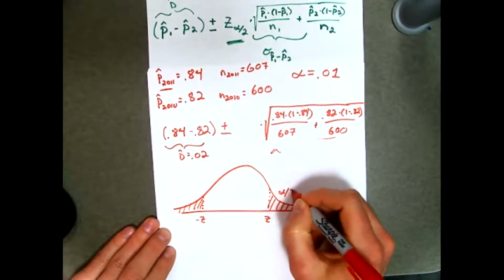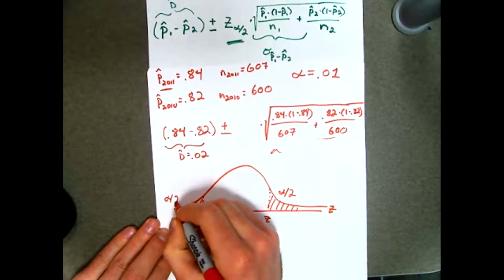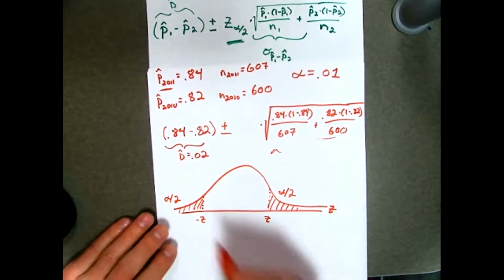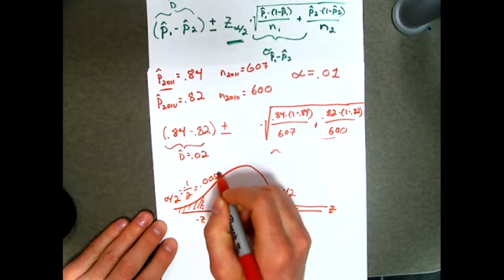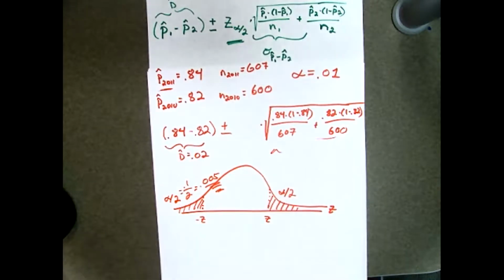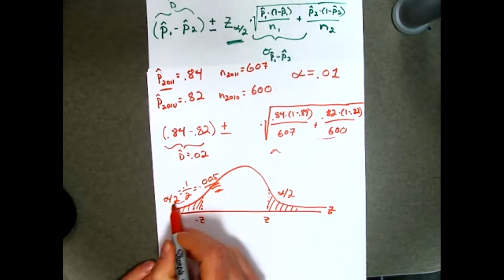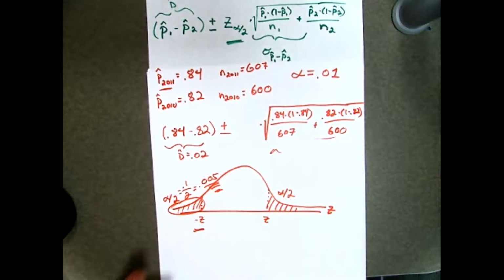There are 2 sides of my confidence interval, so on each side there will be alpha over 2, or in this case, 0.005. So that's the area that I'm going to want in each tail, and I want to find the corresponding Z value, or number of standard deviations, where I need to go in order to get that.